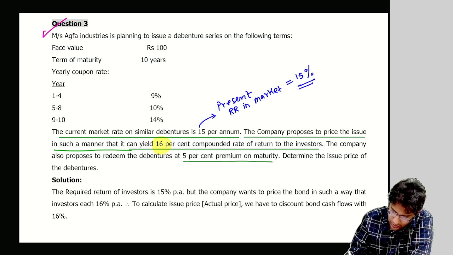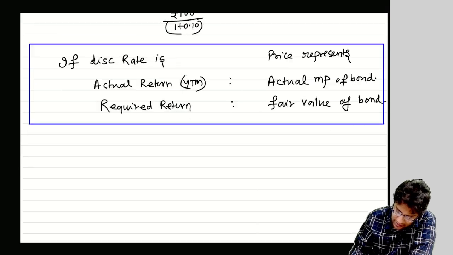So let's try to work this out. Question number 3 answer, please write, ma'am.